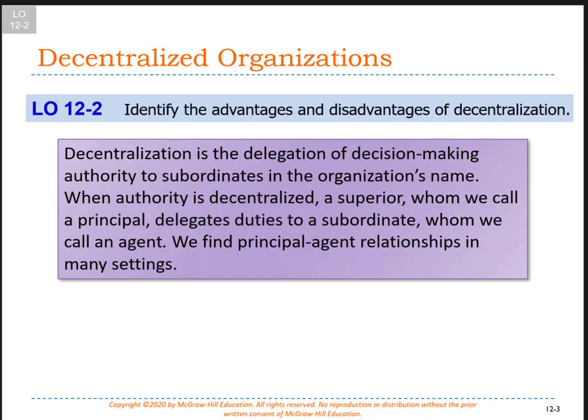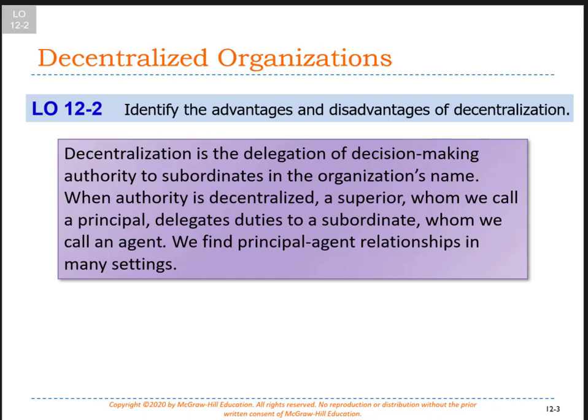So this is the principal-agent problem: as the owner or head of the company, we delegate decision making to agents who make decisions on our behalf because we can't deal with all the customers. And the extent to which we delegate that out is how decentralized we are.